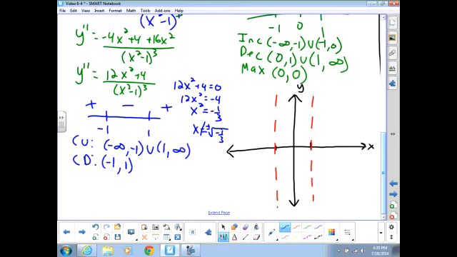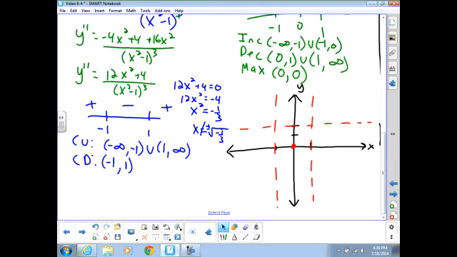And our horizontal asymptote was at 2. Our x and y intercept were both 0, 0. So we can plot that. And we only had a max, which was also the 0, 0, and no inflection points.